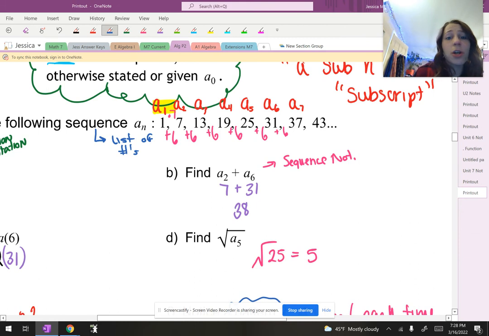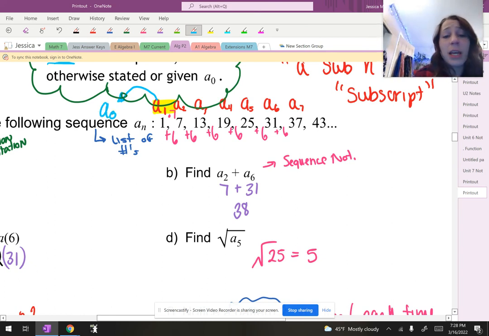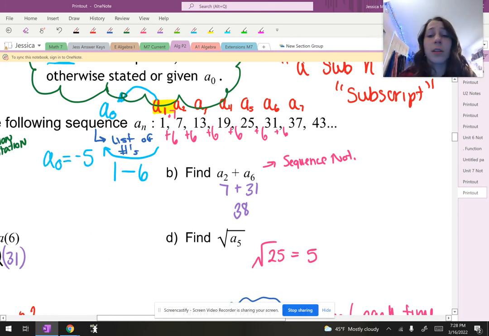So then if I have a sub 2 and I want to go backwards and didn't know a sub 1, I would do the opposite of adding 6 and subtract 6. So therefore, I can use that same process to go backwards from a sub 1. 1 going backwards, 1 minus 6 would get me that a sub 0 of negative 5.